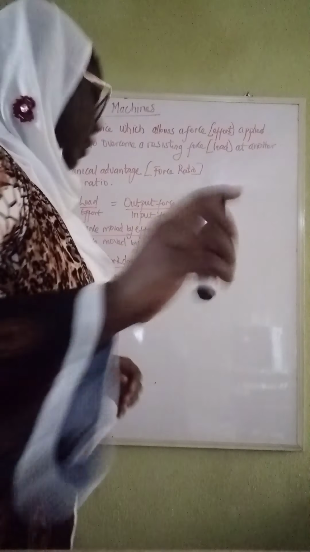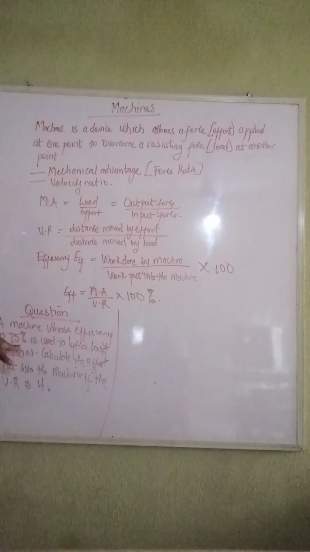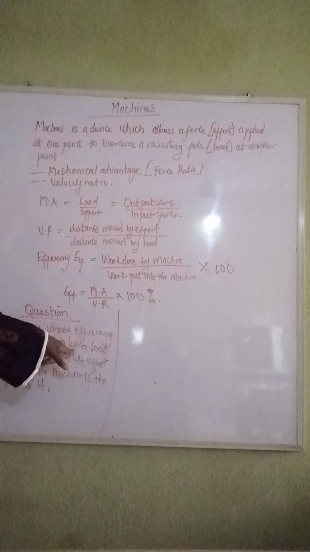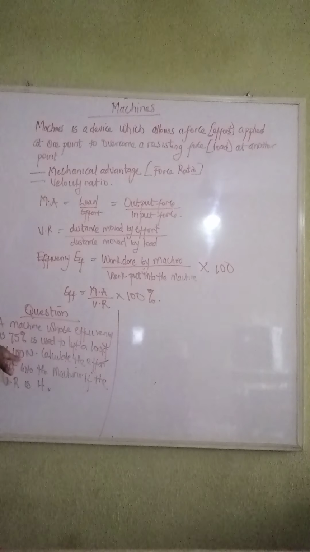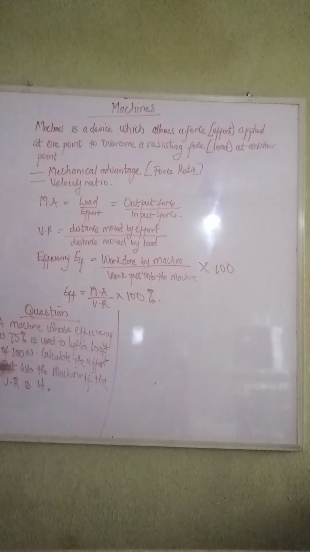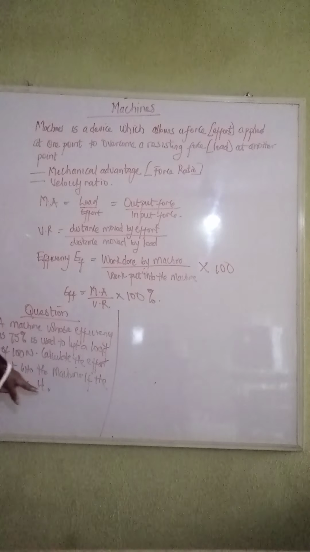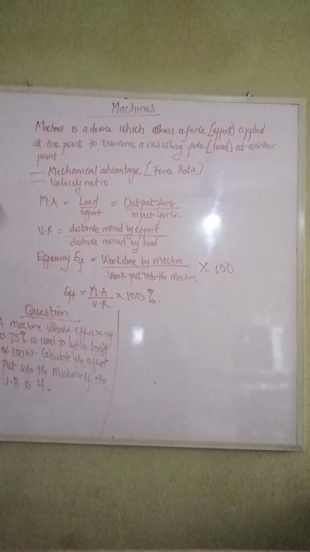Now, let's look at this question. A machine whose efficiency is 75% is used to lift a load of 100 Newton. Calculate the effort put into the machine if the velocity ratio is 4.